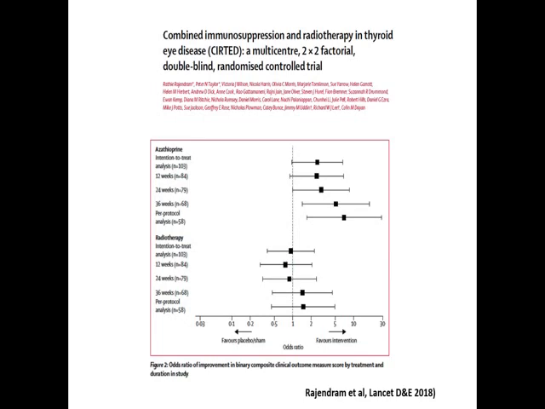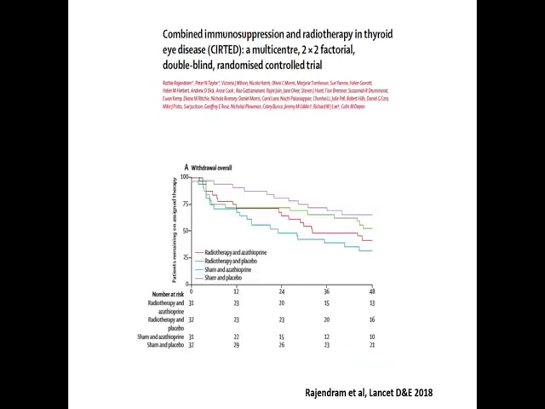Whereas radiotherapy did not seem to have any effects, azathioprine had a beneficial effect on the outcome of GO. However, the study has a major limitation, which is a very high dropout rate, presumably due to the adverse events related to azathioprine.